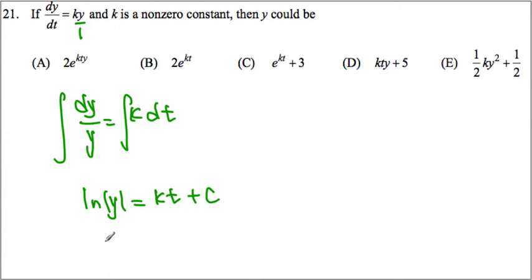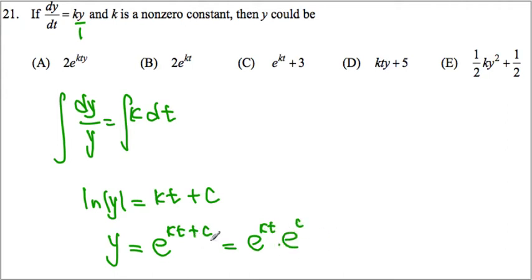Now to get rid of ln, we're going to raise each side by, that's right, an exponential, let's say e. Then we end up getting y is equal to e to the kt plus c. Notice where I put c here. C is still in the exponent. That means this is equal to e to the kt times e to the c power.